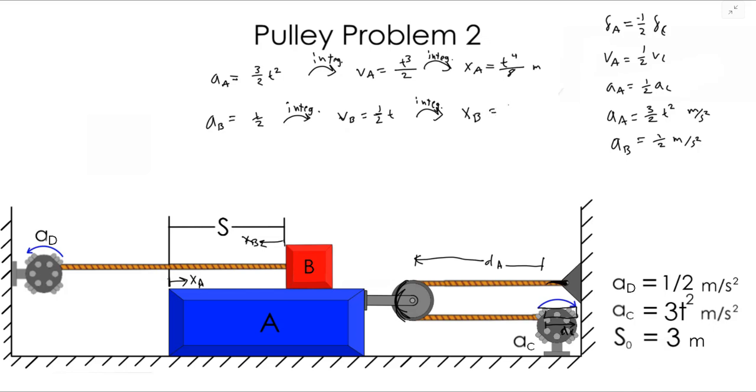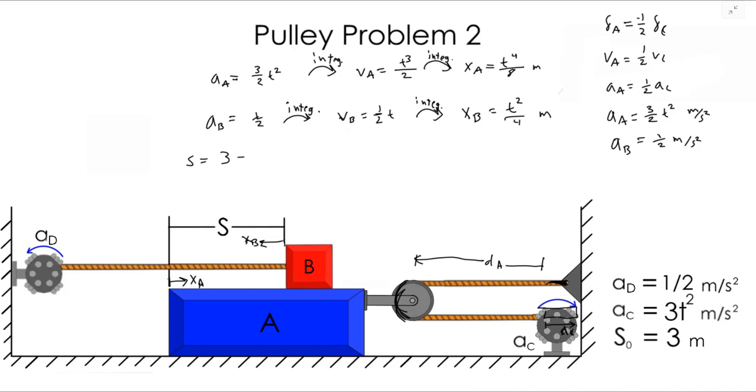So when we do that, it's going to be t squared, and then divide by that, so then we get over 4 meters. So cool, let's now start up our S equation. So S is going to equal 3. So we start with 3, and then we're going to minus.